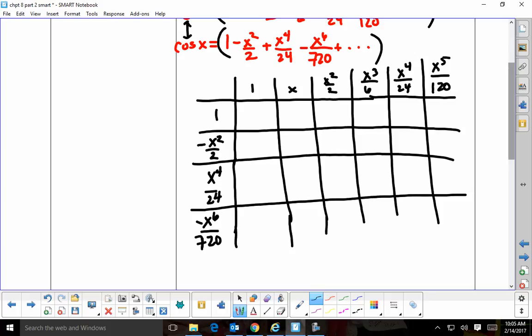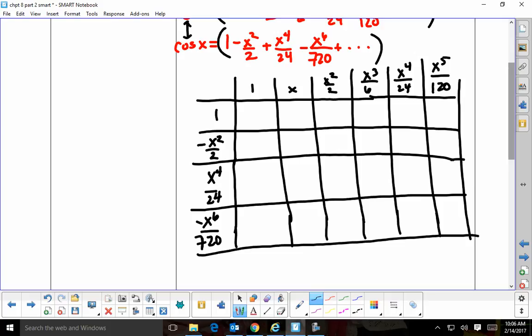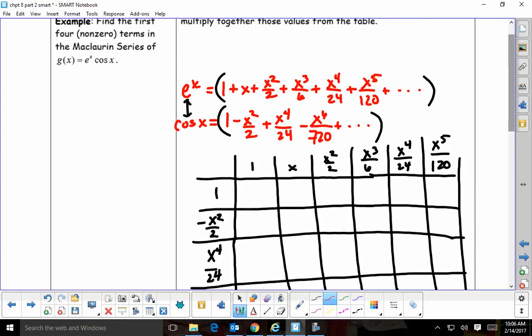I probably have way more terms than I'm going to need to multiply out, but I'm just going to leave my options open in case I need to do more. Sometimes they'll tell you what degree to stop at, and that's really nice. This one, however, said I just need to find the first 4 non-zero terms. So I'm not sure what degree I need to stop at as I'm multiplying.